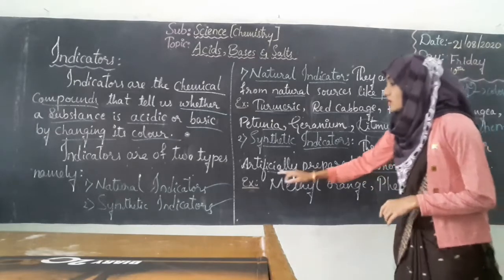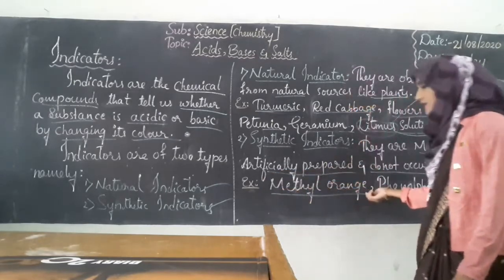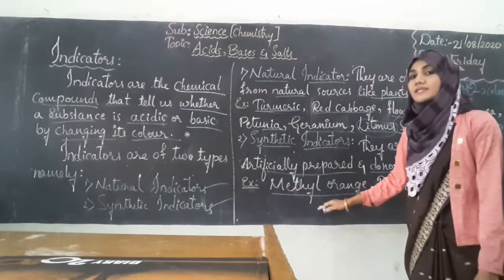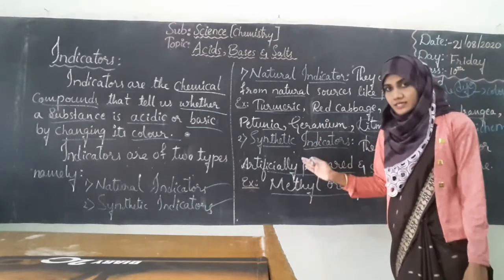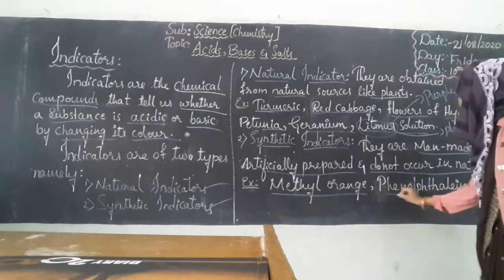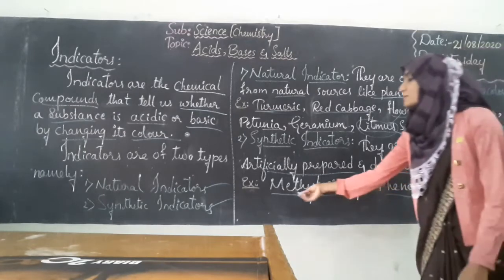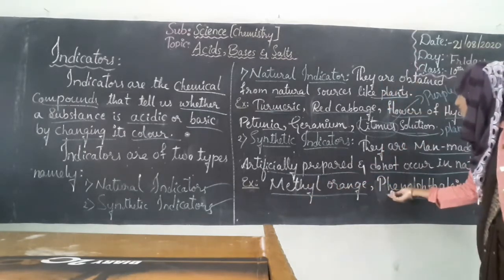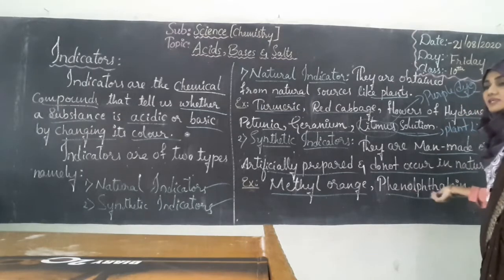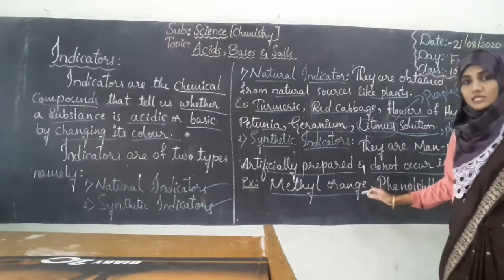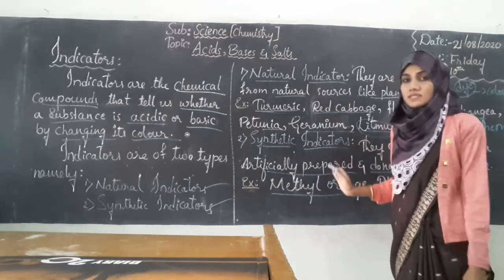For example, methyl orange. Methyl orange is an artificially prepared indicator. And phenolphthalein. I'll repeat once again, methyl orange and phenolphthalein. These are the two artificially prepared acid-base indicators.